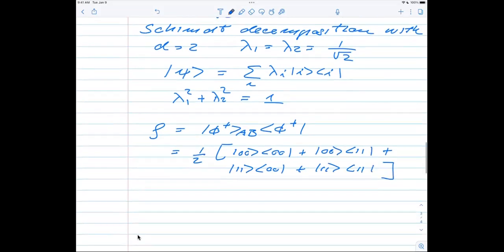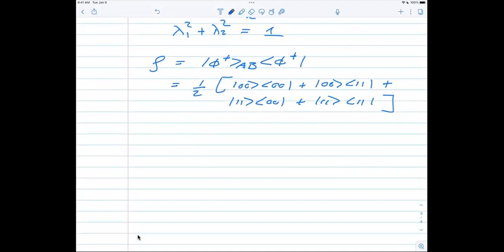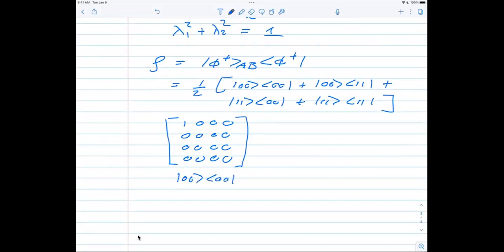If I put everything together, the first matrix is simply 1, 0, 0, 0, and then zeros for the rest. That's the projection operator which comes from this. If we act on phi plus, this will simply project out the state 0, 0.